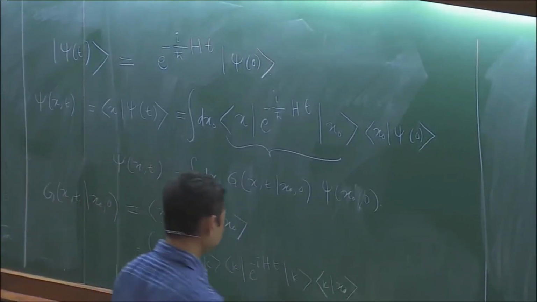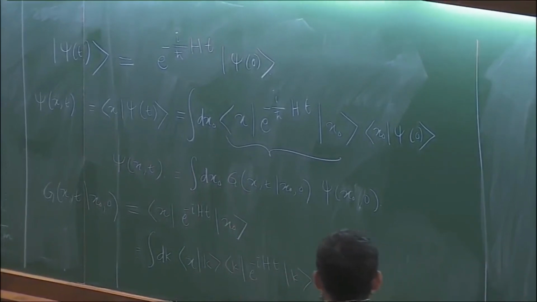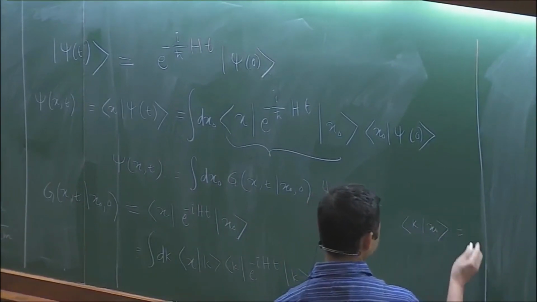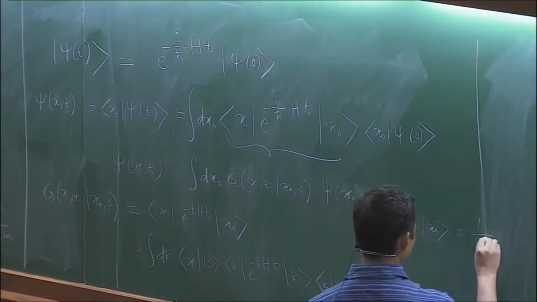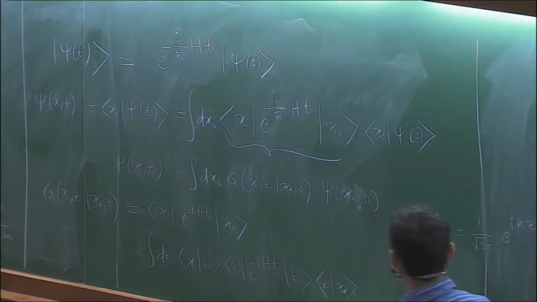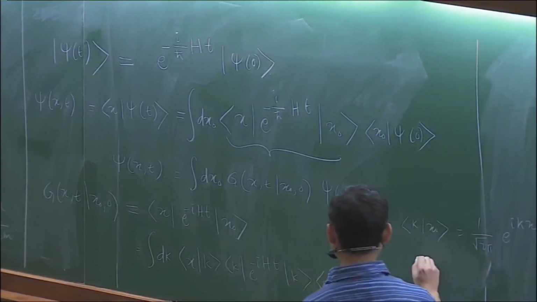So what is the energy and what are the wave functions? The free particle, right? So what is this k x0? This is e to the I k x0. It's a free particle wave function, right, in the energy basis. And what is the eigenvalue?